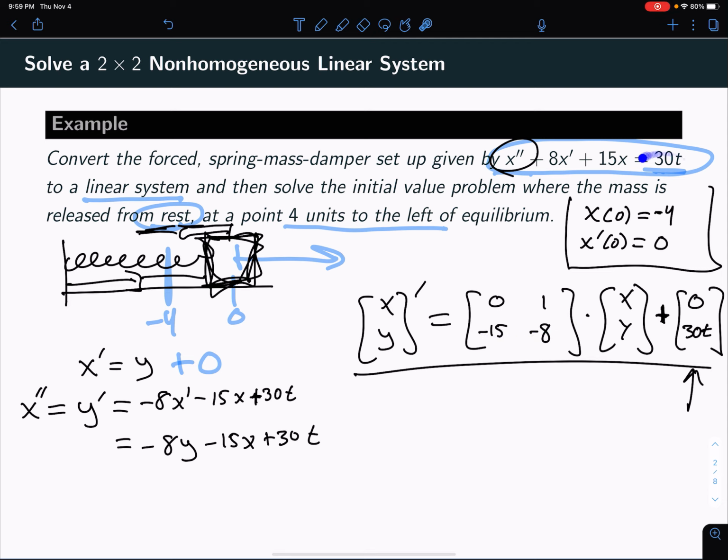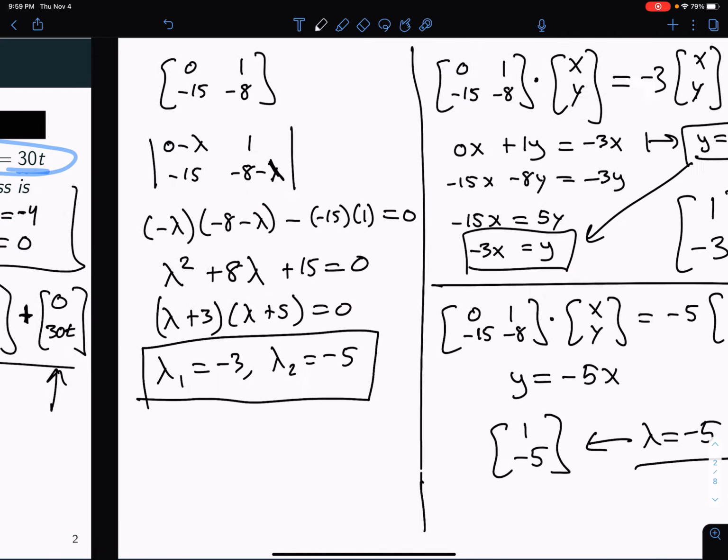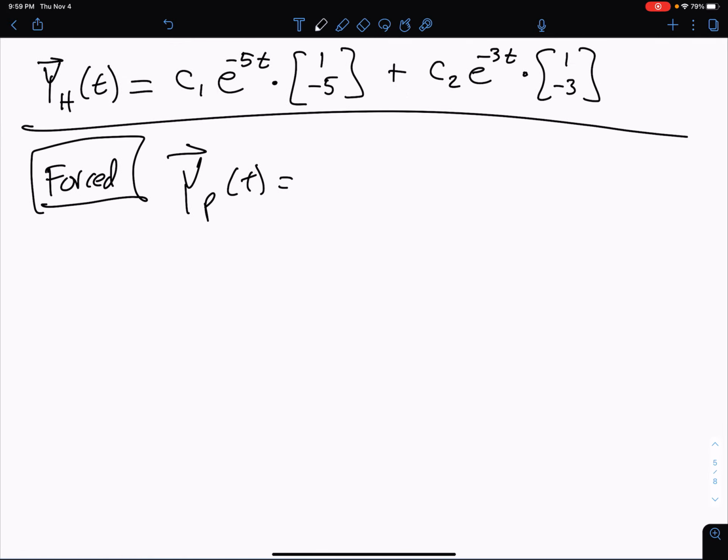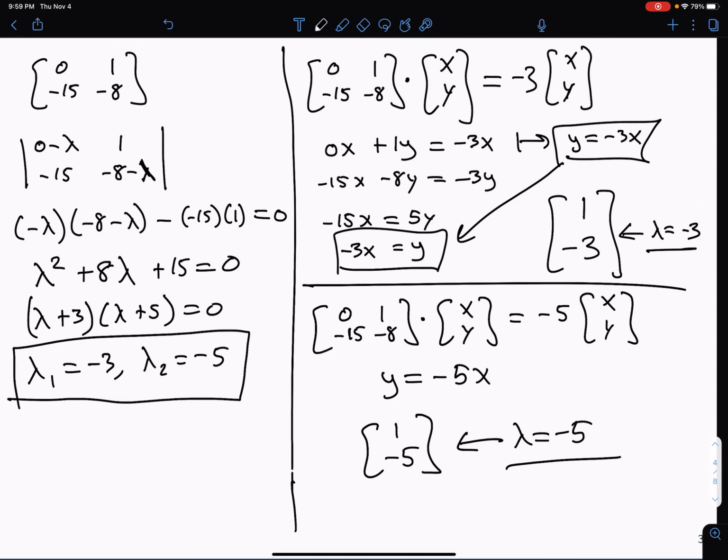So the old trick is just to assume that the thing you're looking for here is the thing that you guess, basically. Okay? All right. So why don't we guess a linear term? The forcing term is linear. Why don't we guess linear? And now in this case, what's the particular solution? Let's think of this as x prime is equal to y, and y prime is equal to, what was it again?